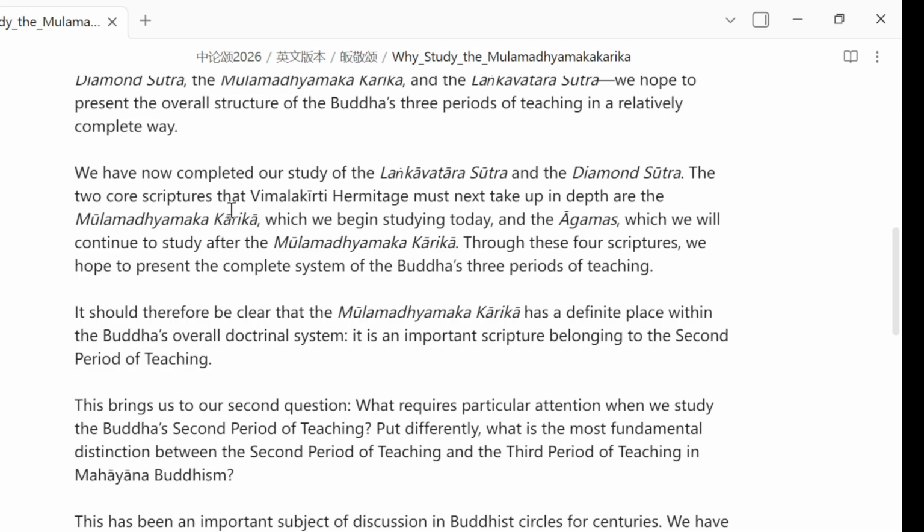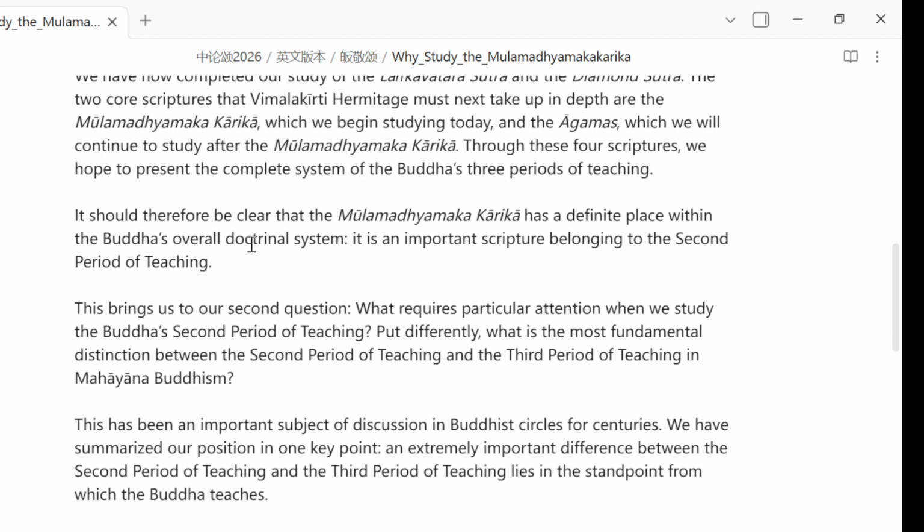The 2 core scriptures that Vimalamitra must next take up in depth are the Mulamadhyamakakarika, which we begin studying today, and the Agamas, which we will continue to study after the Mulamadhyamakakarika. Through these 4 scriptures, we hope to present the complete system of the Buddha's 3 periods of teaching.